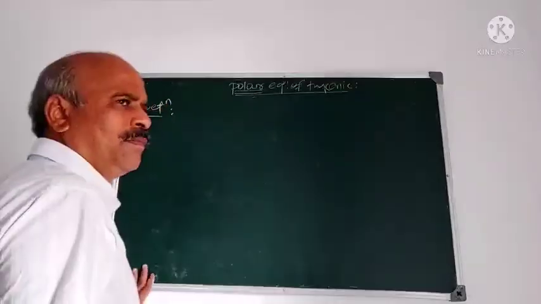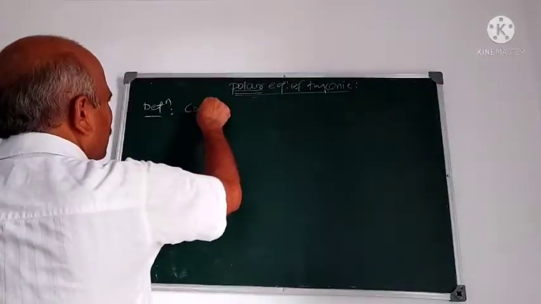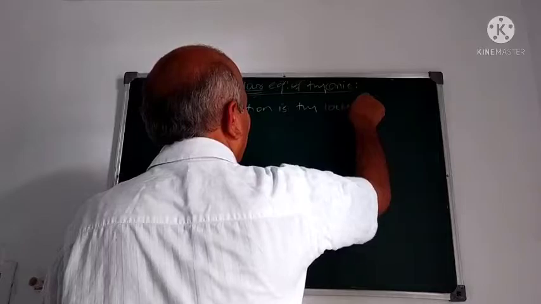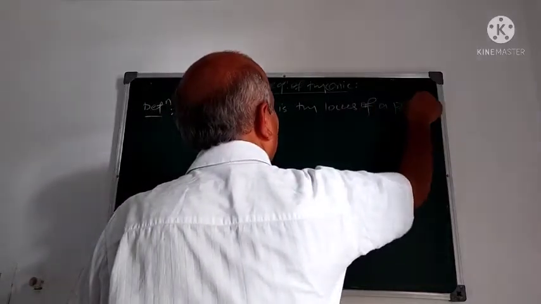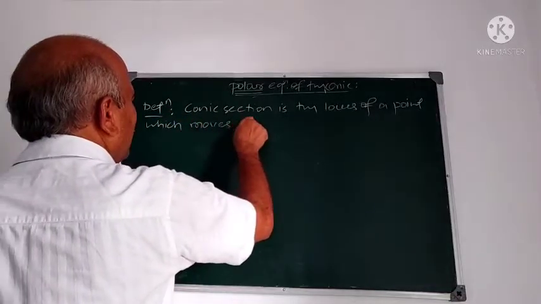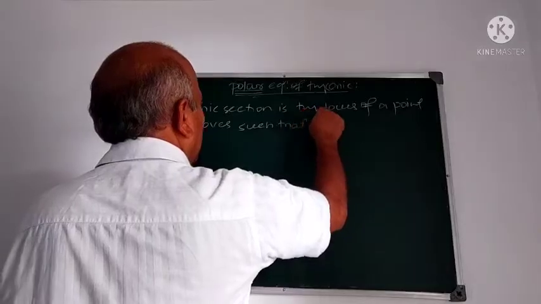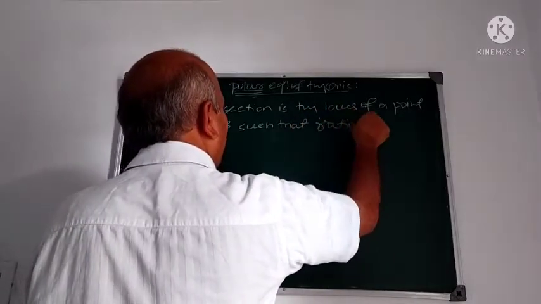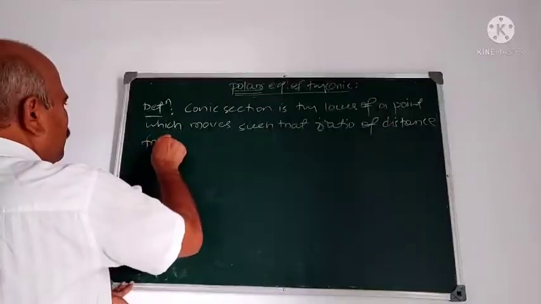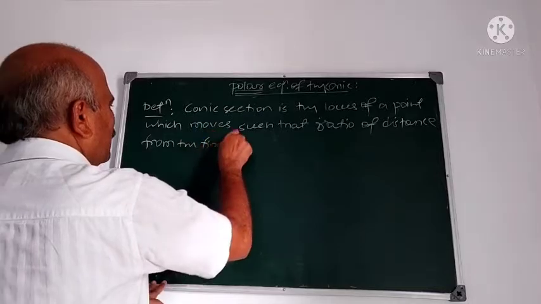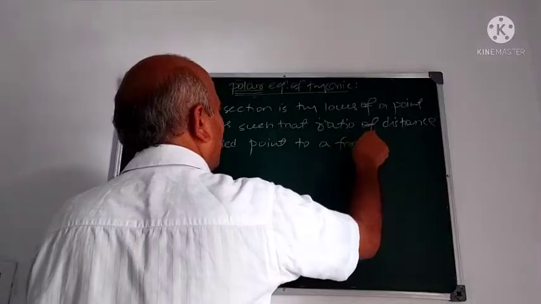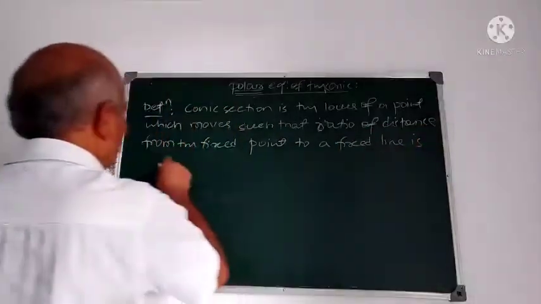Definition: what is a conic section? A conic section is the locus of a point which moves such that the ratio of its distance from a fixed point to a fixed line is always constant.